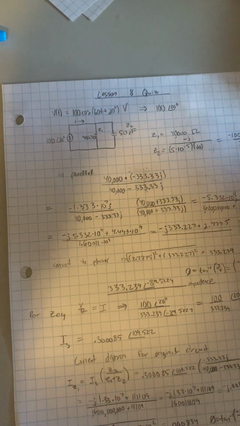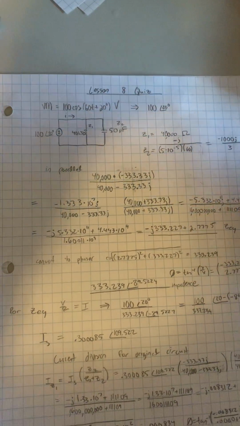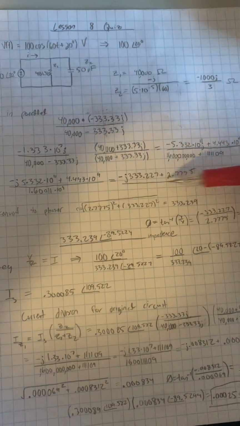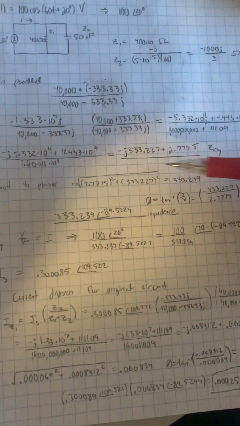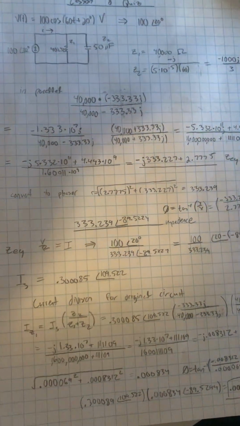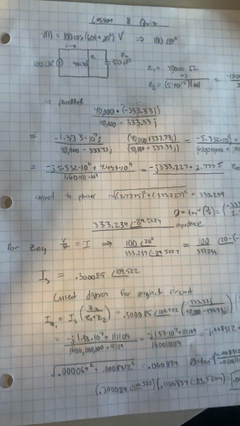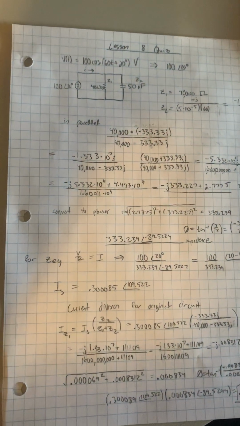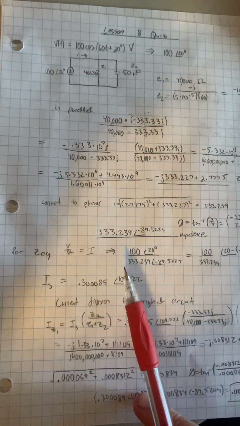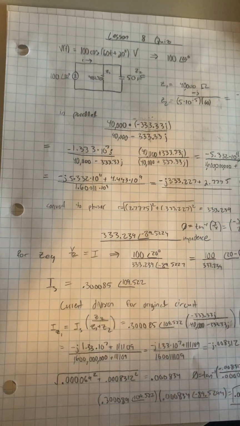I get these big numbers, and then I keep simplifying down, and I get my Z equivalent to be this right here. And I convert it to phasor by using the square and square root, and the imaginary divided by the real. So then my equivalent impedance is 333.239 with a phase angle of negative 89.5224.